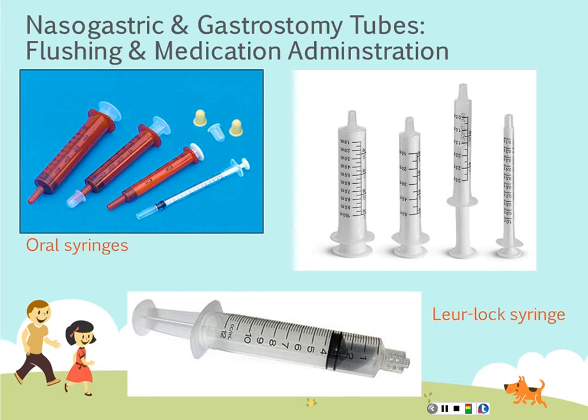When giving medications through enteral tubes, there's several different types of syringes you can use depending on the port. And I make a point of this because some facilities only have oral syringes and Luer-Lok syringes available. So if there are oral syringes available, you want to use those with your enteral tubes.